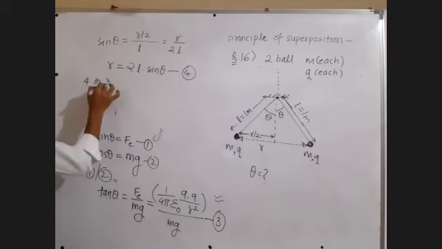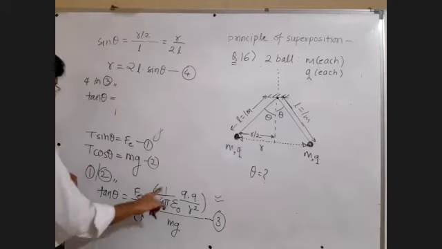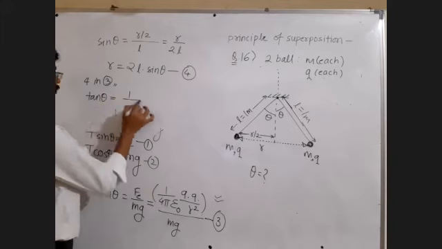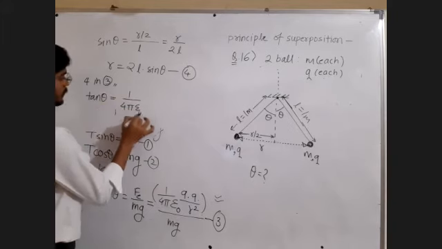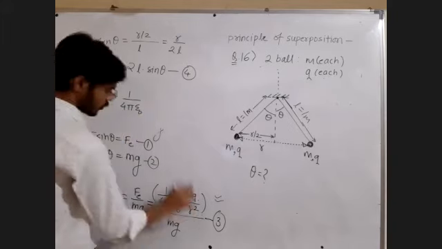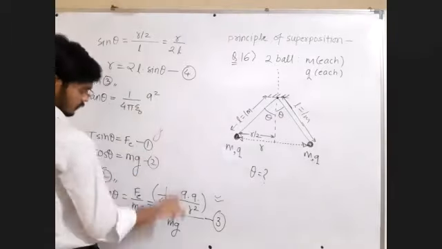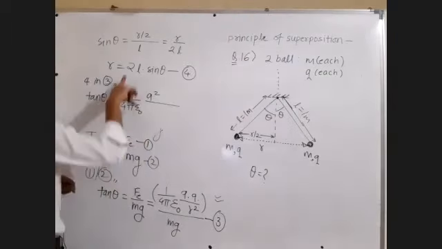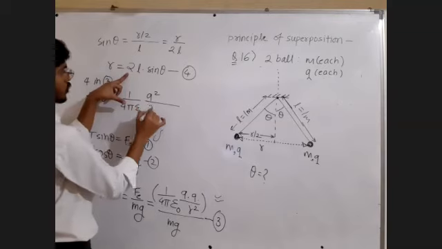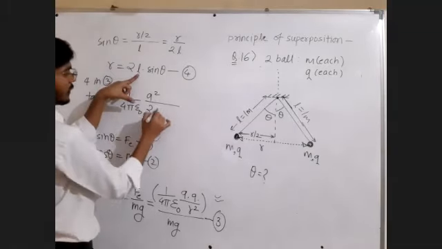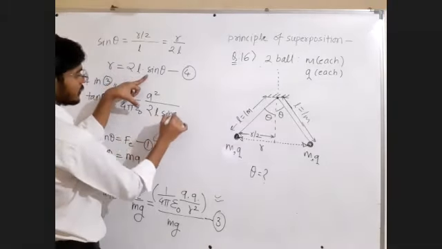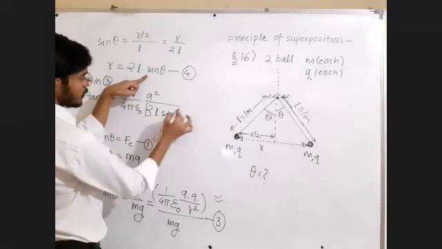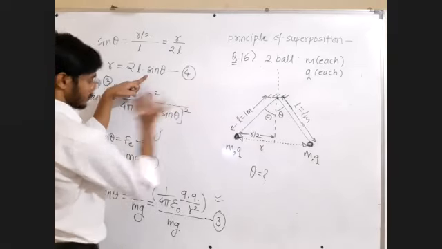Fine. So try to find out the value of tan theta now. Let's see what it becomes. Tan theta is equal to 1 upon 4 pi epsilon 0, Q1 Q2 means Q square upon R square. Sir, R square means 2 L sine theta, it is to be squared.